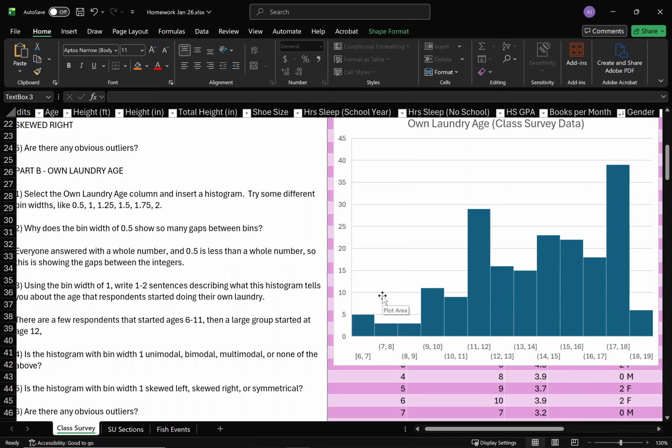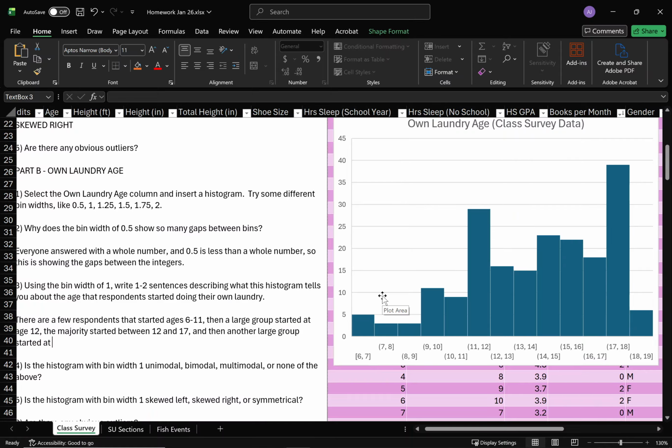The majority started between 12 and 17, and then another large group started at 18. The most popular age was 18. A few started at 19. Okay, that's a pretty long description.